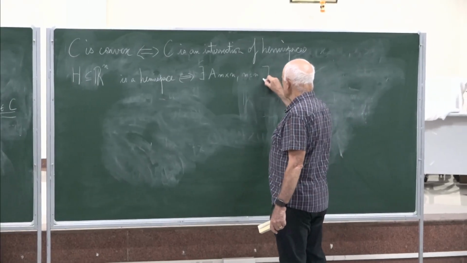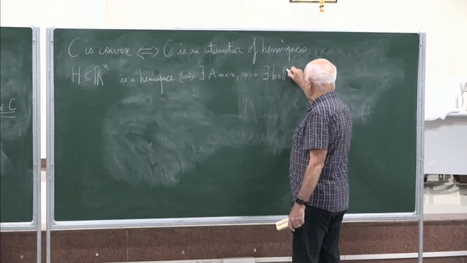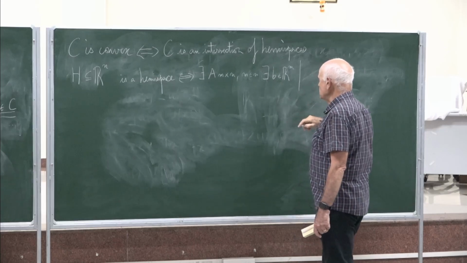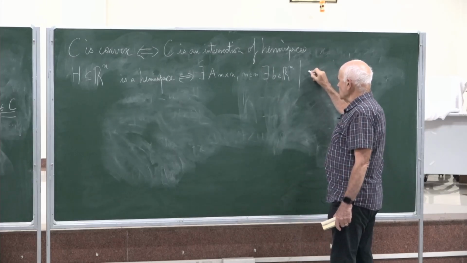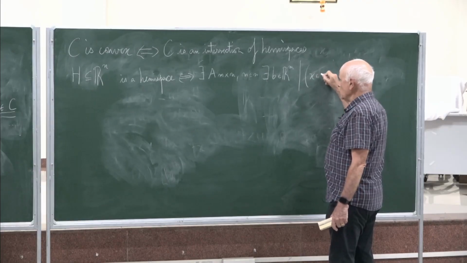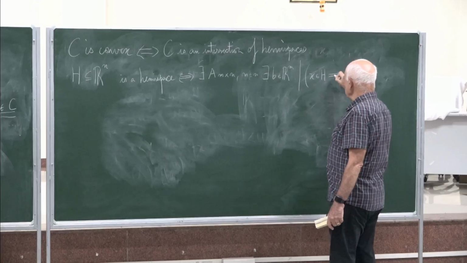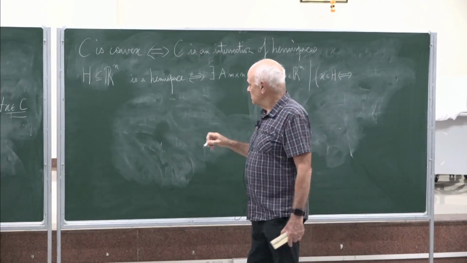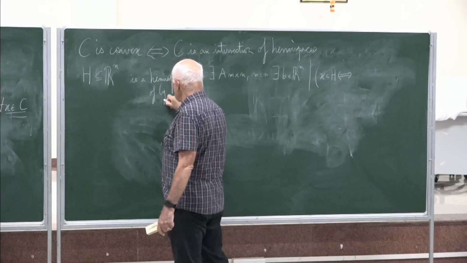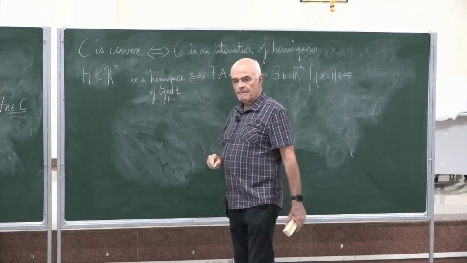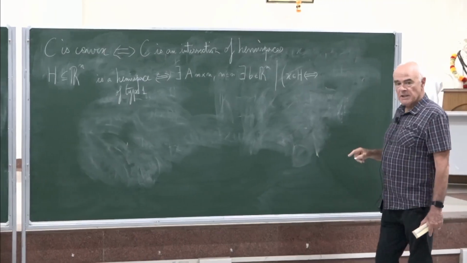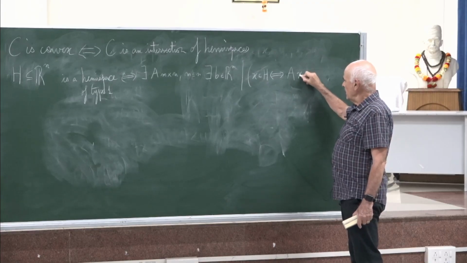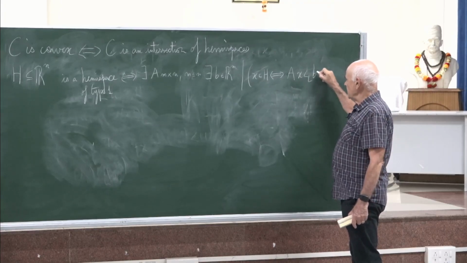And there exists a vector b in Rm such that, let's call it a hemispace of type 1, x belongs to H if and only if Ax is lexicographically less than b.